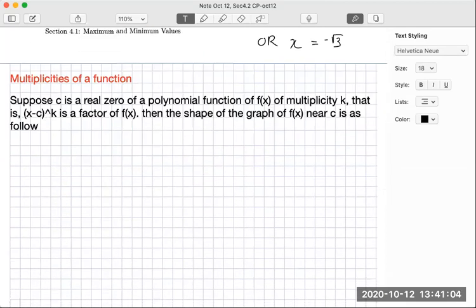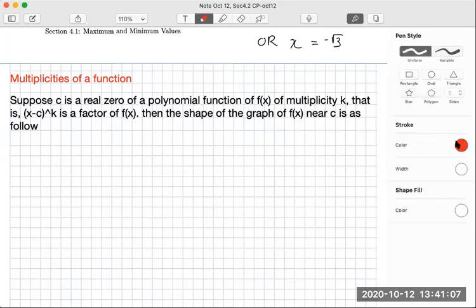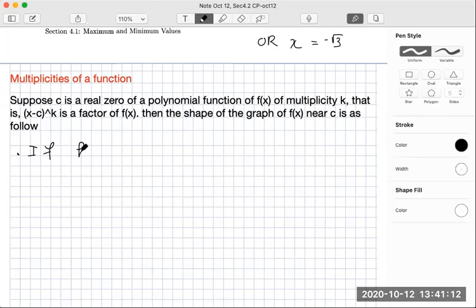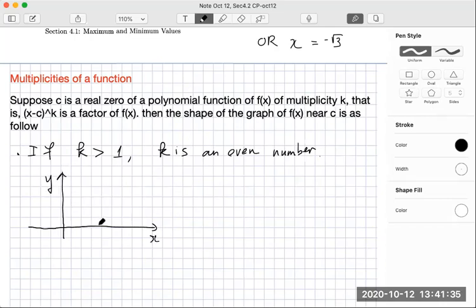So the first case, if k is larger than 1 and k is an even number, okay, then the graph of f of x near c will be somehow like this.